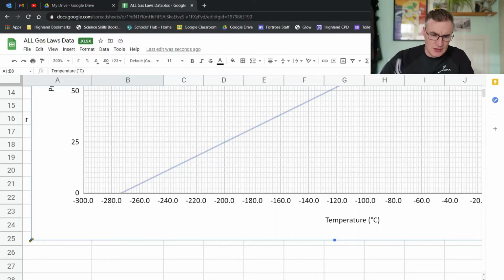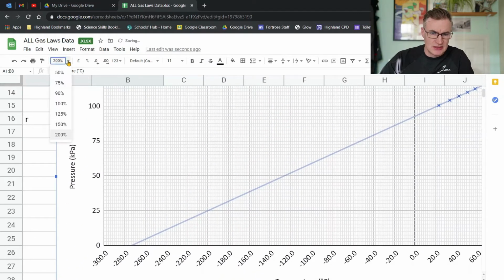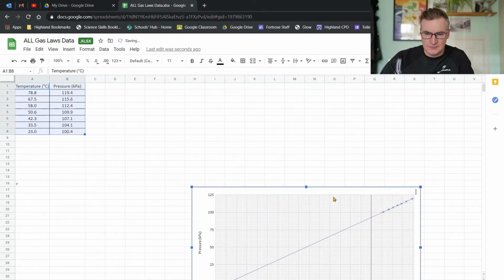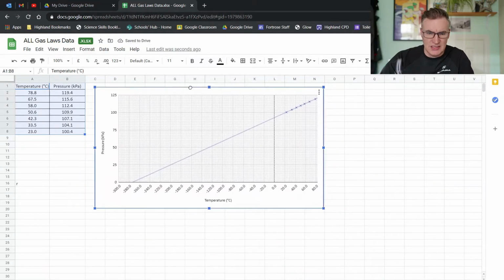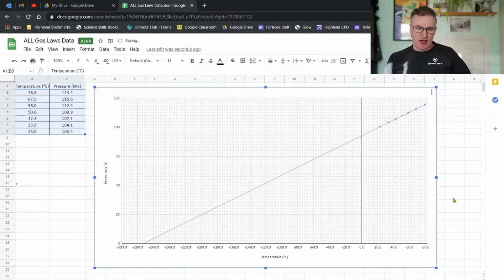So if we look at the graph a little bit more holistically, then what we can see is that pressure is directly proportional to temperature if we use a Kelvin scale.